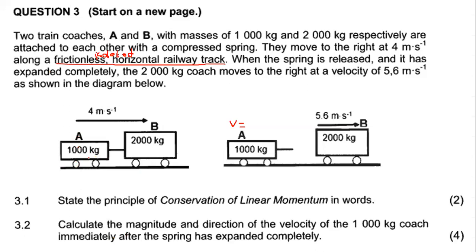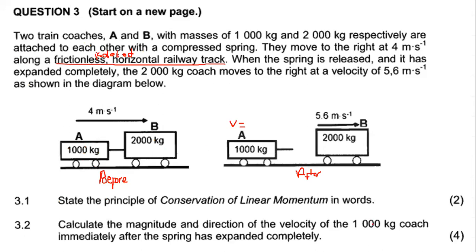When you check here, this side represents before the explosion, and this side represents after the explosion. Before the explosion, they were moving together. In other words, the initial velocity of A and the initial velocity of B is definitely 4 meters per second.